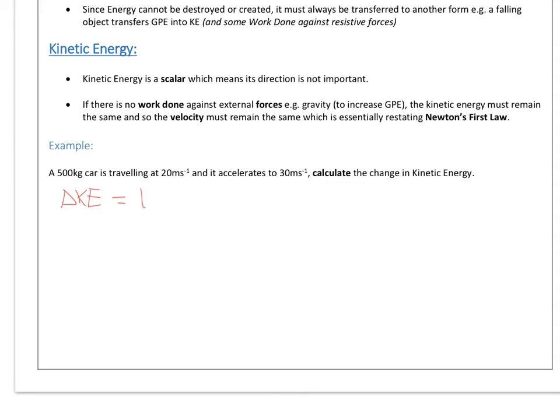That's going to be the final kinetic energy minus the initial kinetic energy. We always define a change as final minus initial. So that's going to be half m Vf squared minus half m Vi squared. I've just used m in both because the mass hasn't changed at any point.